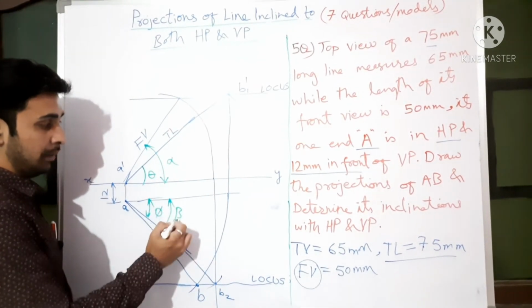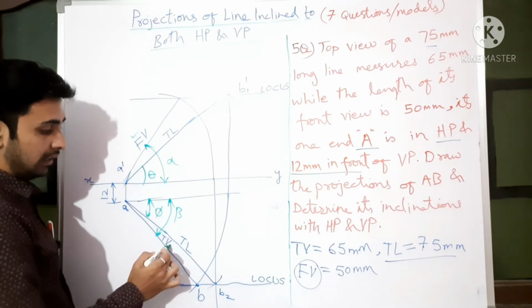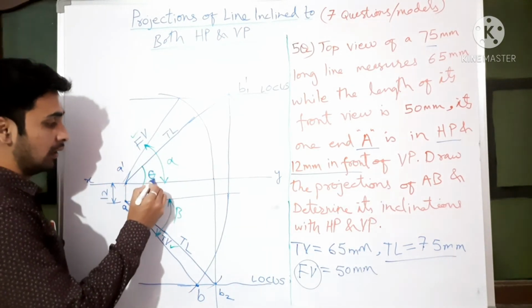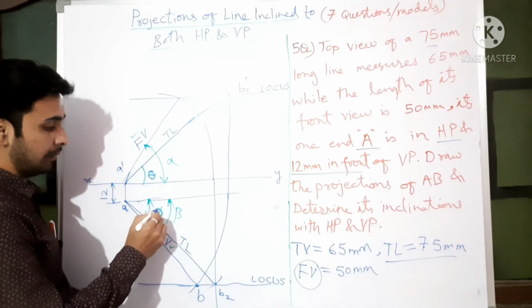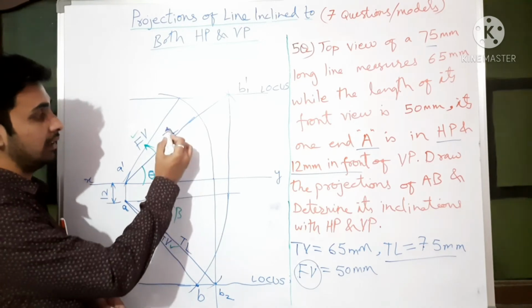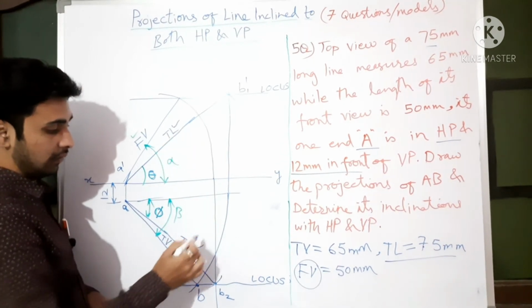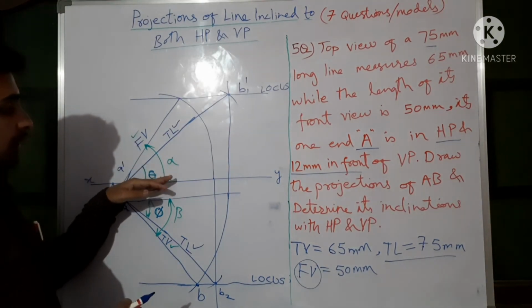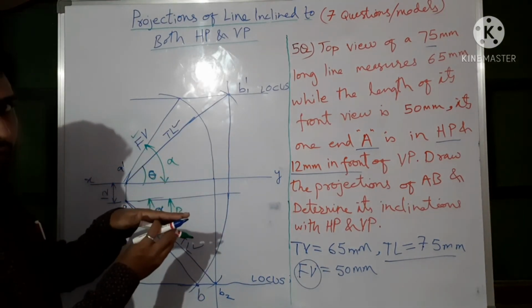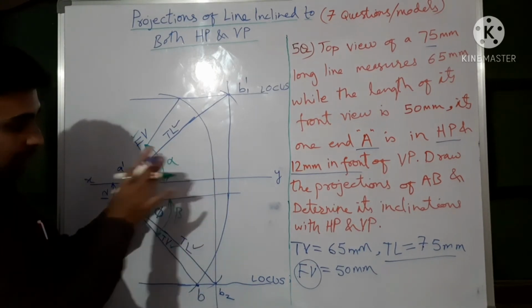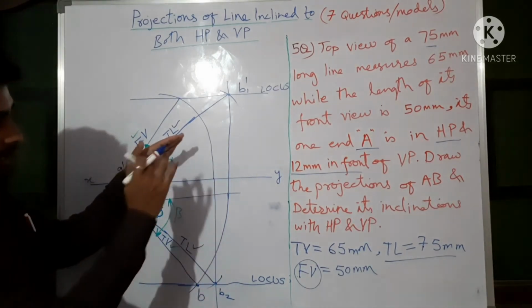Apparent inclinations alpha and beta will be with front view and with top view, whereas theta and phi are called true inclinations. These true inclinations will be with true lengths in respective views or in respective planes, sorry, HP and VP. So VP this downside, HP directly here.